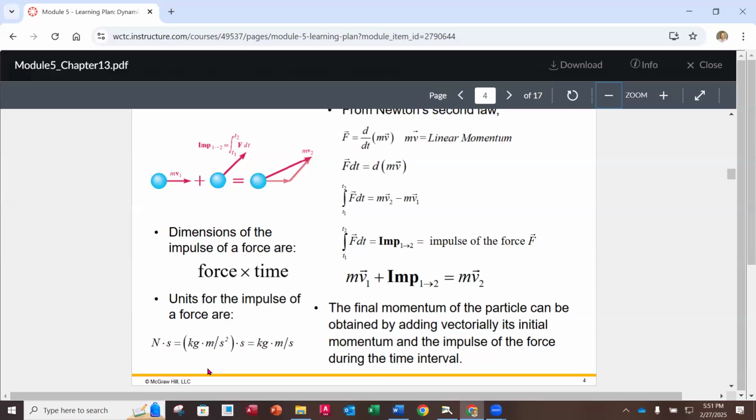So a Newton second is a kilogram meter per second. And so that's how we can add and subtract these together, because they do have the same units for both impulse and for momentum.